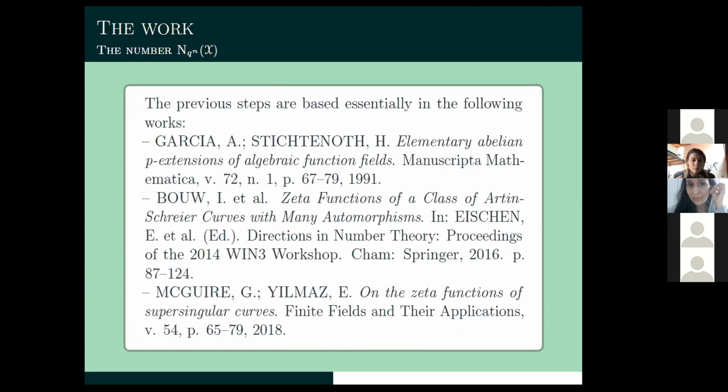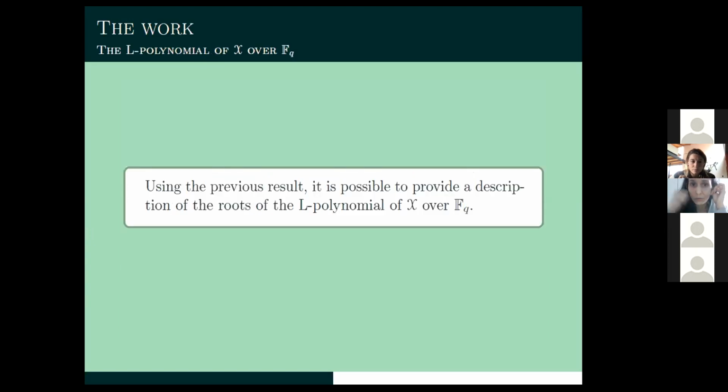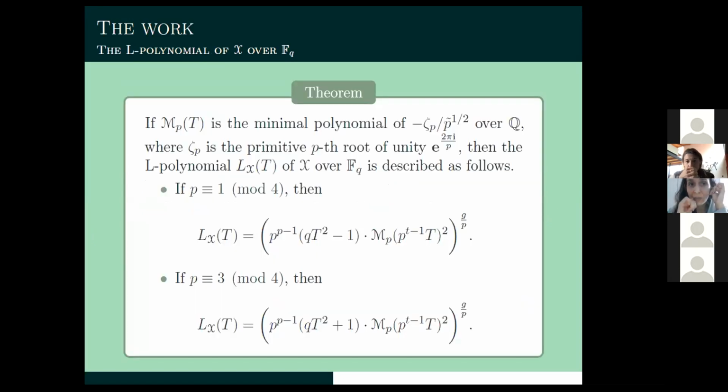And once we have the number of rational points, as I told before, it's natural to consider the L-polynomial and ask if we can provide a full description of it. And so, yes, the answer is yes, we can provide this description.